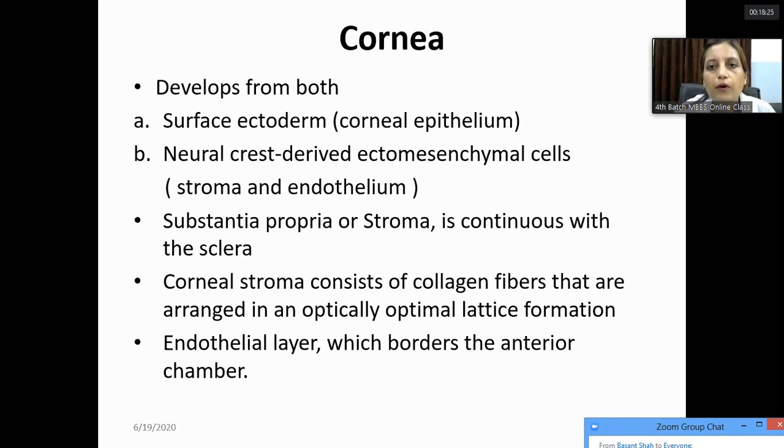This is important because this lattice arrangement of the collagen fibers maintains corneal transparency. If there is any derangement in this arrangement, following trauma or any sort of corneal edema, it will make the cornea hazy and the light will not be able to pass through it, so we will not be able to see clearly.